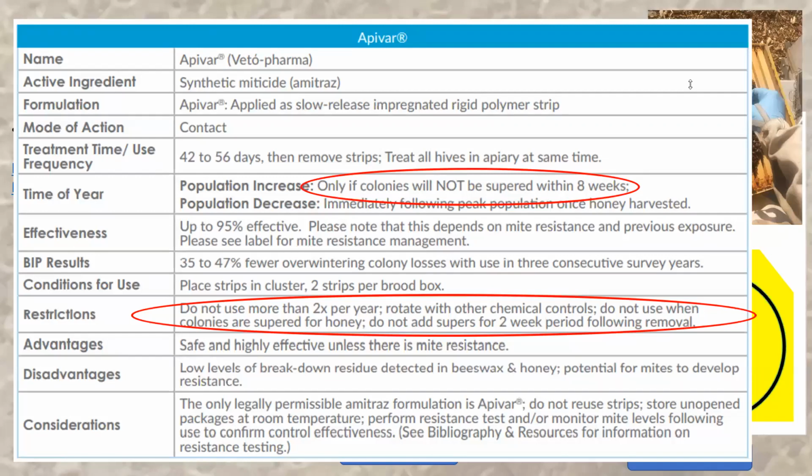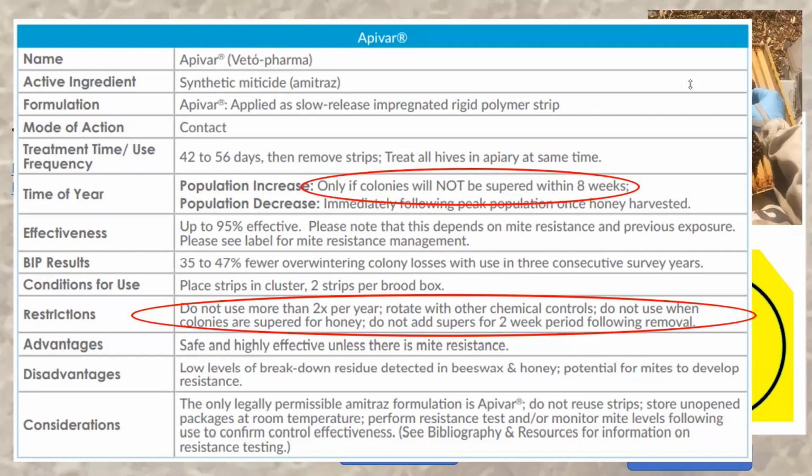So yes, supers are taken off before winter because all of the honey that is in the hive for winter is for the bees. So in me leaving a super on for the winter for the bees, that just automatically makes it so that it's not a super. It's simply a brood box with a lot of honey in it.